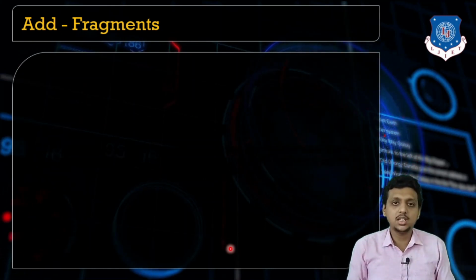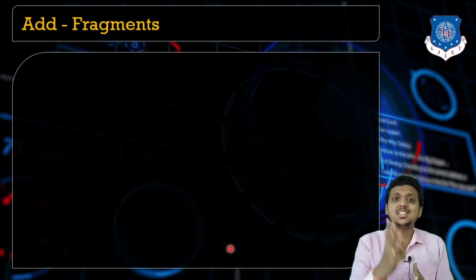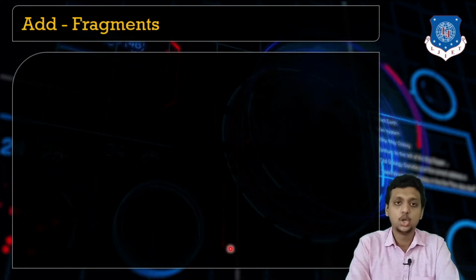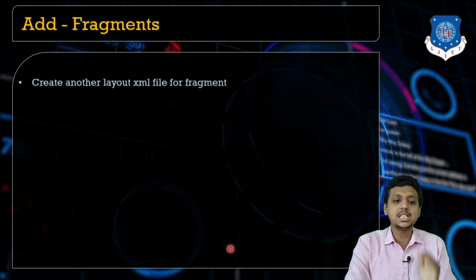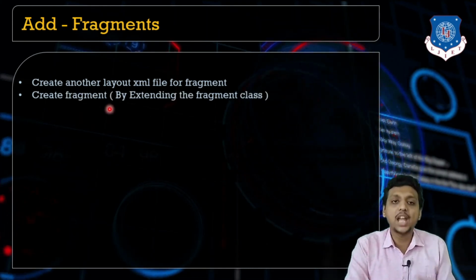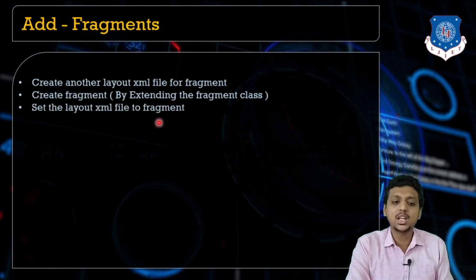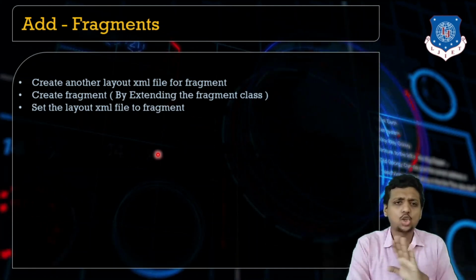Over here, we are not going to create any fragment tag, but the three steps are very much the same as the previous one. So, students, step one is to create the layout XML for the fragment. Step two is to create the fragment by extending the fragment class. Step three is to set up the layout XML file for the fragment. So all three steps are common.